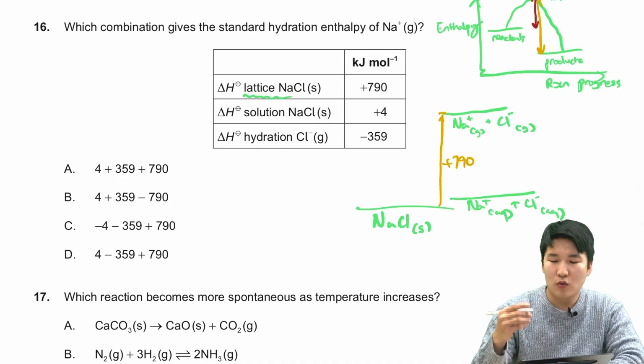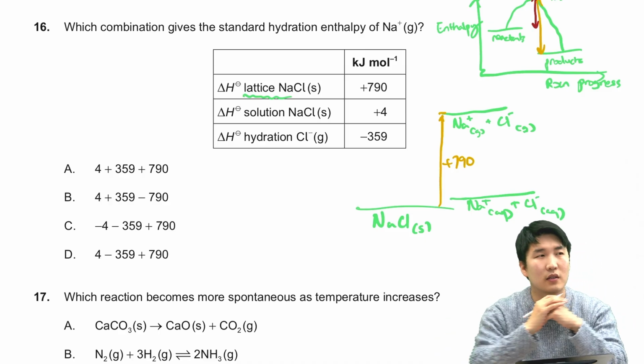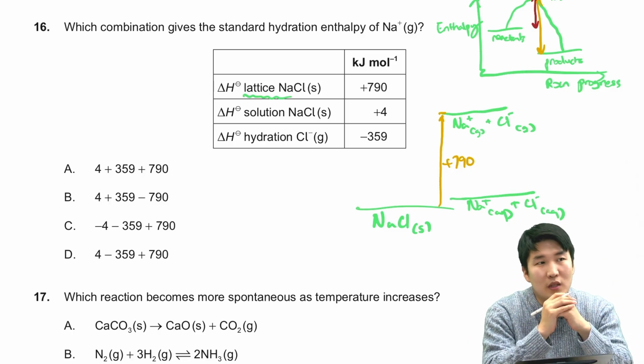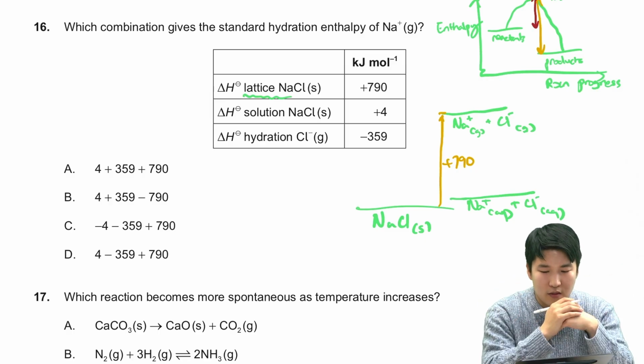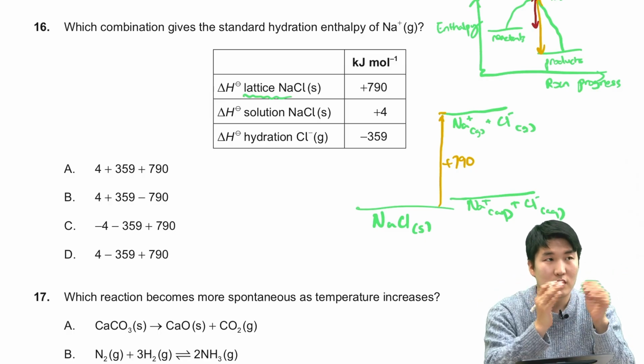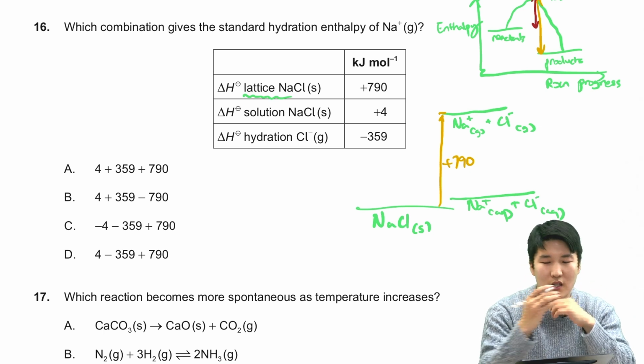Let's think about how gaseous sodium ions and chloride ions can be hydrated. All we need to do is surround the Na plus and Cl minus with water molecules. There will be a natural ionic dipole bond formed.